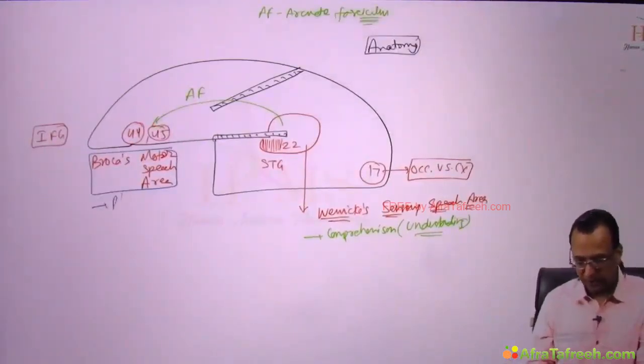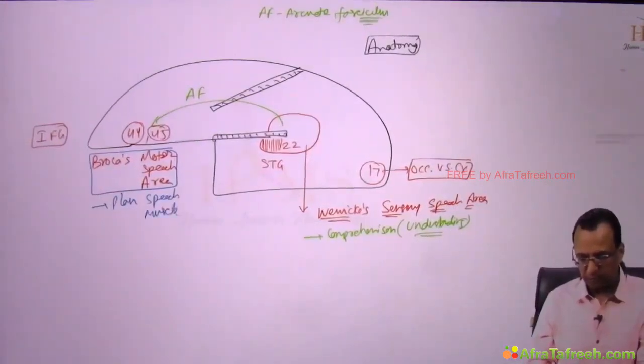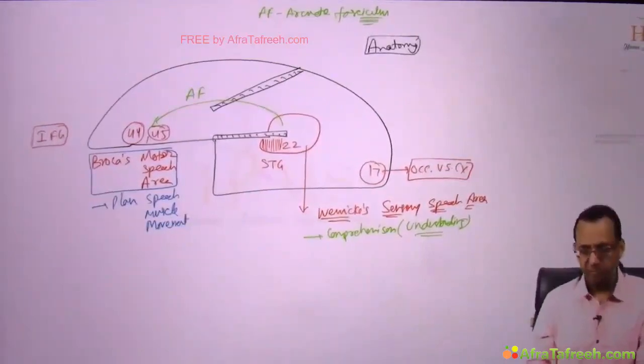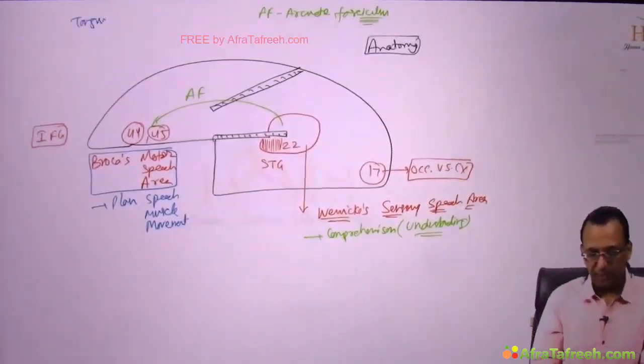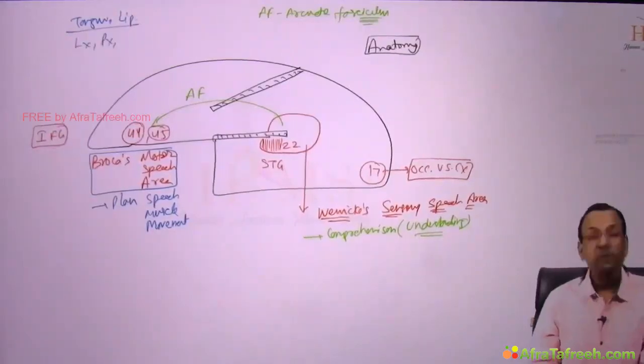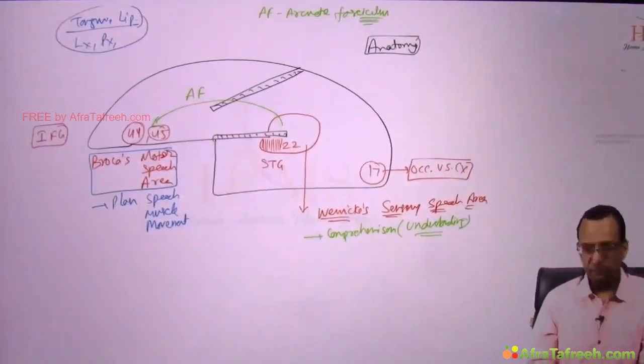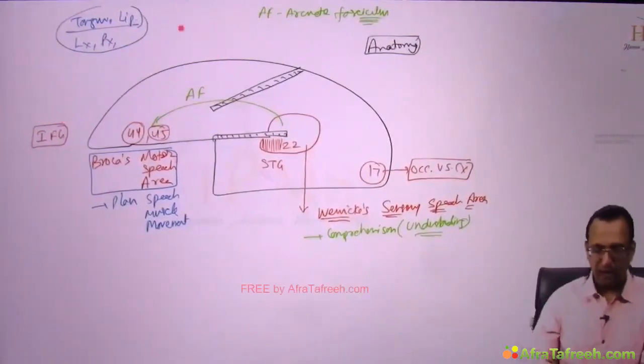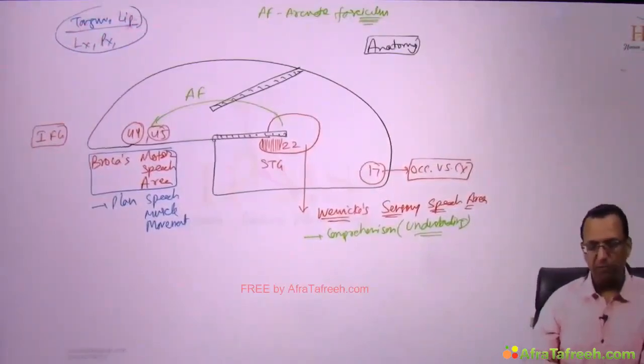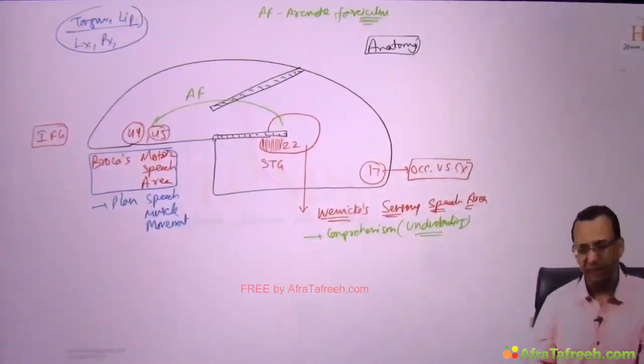If you're telling this is planning the speech muscle movement, just planning, yes, just planning. Can you tell me some speech muscles? Yeah, maybe the tongue muscle, maybe the lip muscle, maybe the larynx, pharynx muscle. They are all involved in speech. So you are telling that you have to plan tongue muscle with the lip muscle, larynx, pharynx, otherwise there could be a problem with the fluency of language.